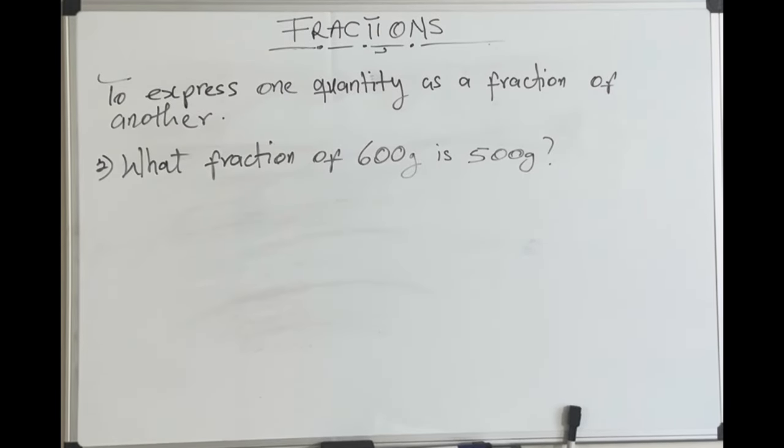So we have example 2. What fraction of 600 grams is 500 grams? First off, we need to check the units if they are the same. If they are, then we can just proceed working. If they are not, we need to change from one unit to another, the simplest unit we can work with.